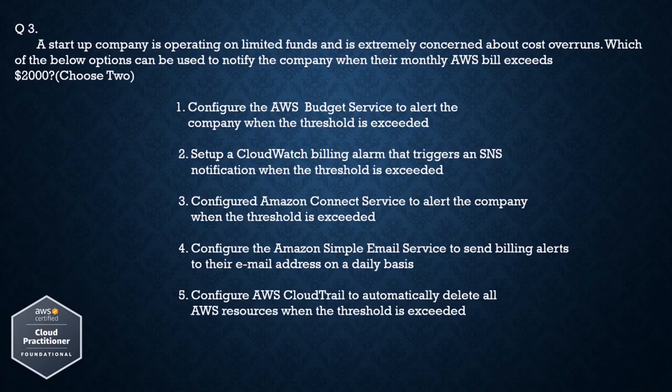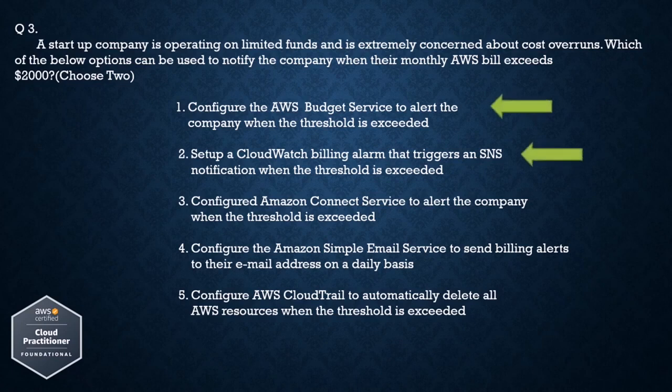Set up a CloudWatch billing alarm that triggers an SNS notification when the threshold is exceeded. 3. Configure Amazon Connect service to alert the company when the threshold is exceeded. 4. Configure the Amazon Simple Email Service to send billing alerts to their email address on a daily basis. 5. Configure AWS CloudTrail to automatically delete all AWS resources when the threshold is exceeded.